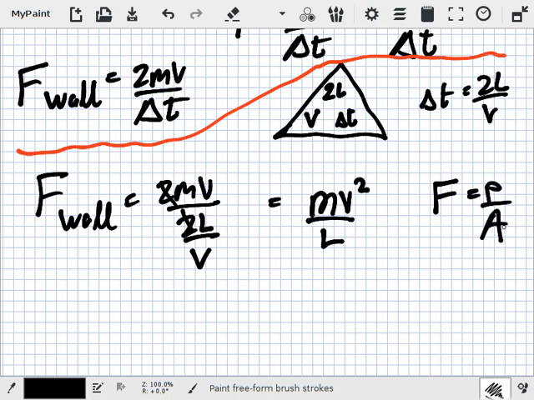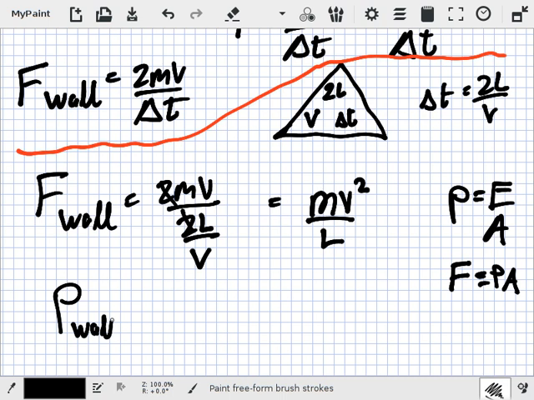Oh sorry, I said that wrong, didn't I? Pressure is force over area, so that means force is pressure times area. So let me put that in. The force on the wall is the same as the pressure on the wall times the area of the wall. That's equal to mv squared over L.